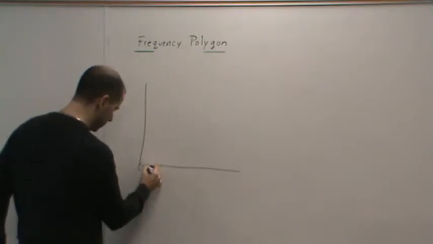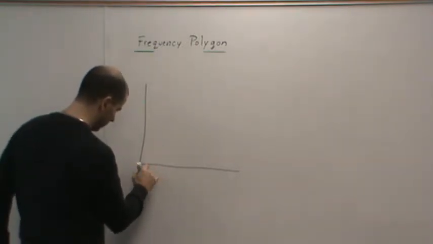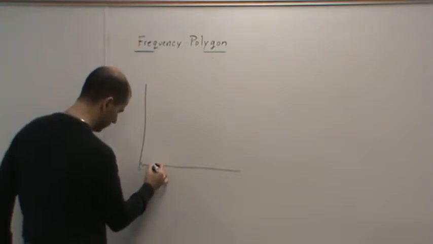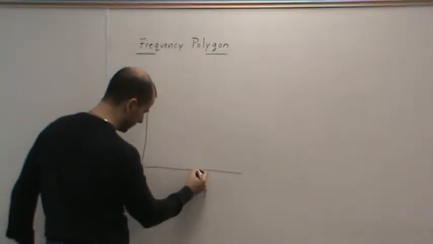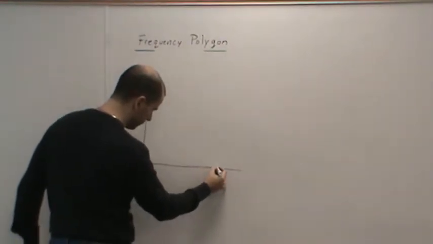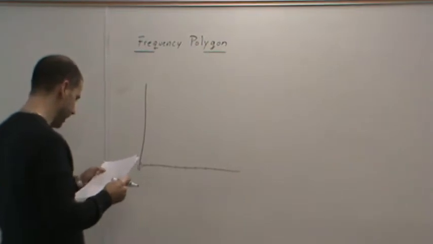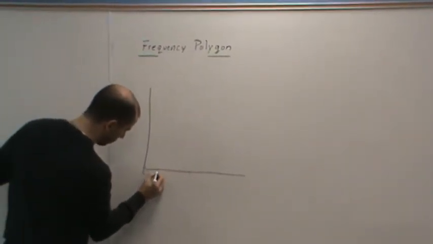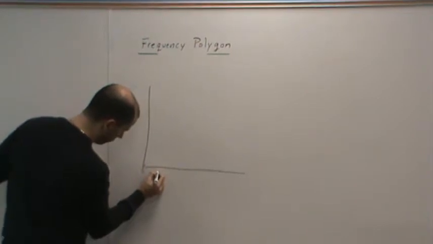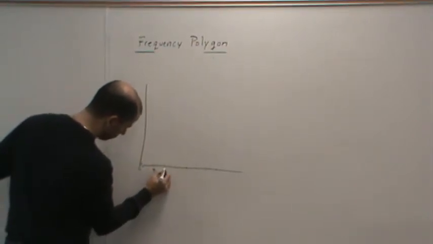And then my first tick mark, let's do it this way. Hold on. And remember, I want to have these equally spaced. So the first midpoint is going to be 44.5.